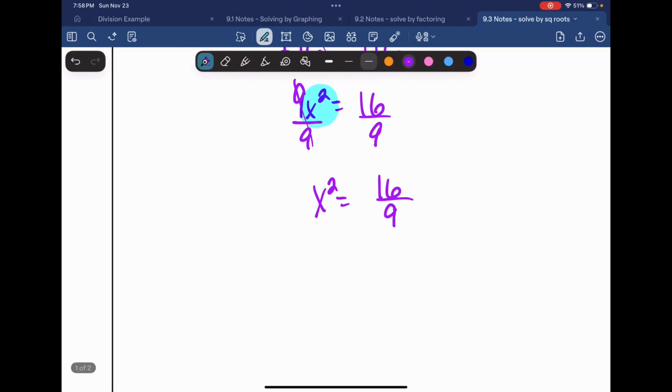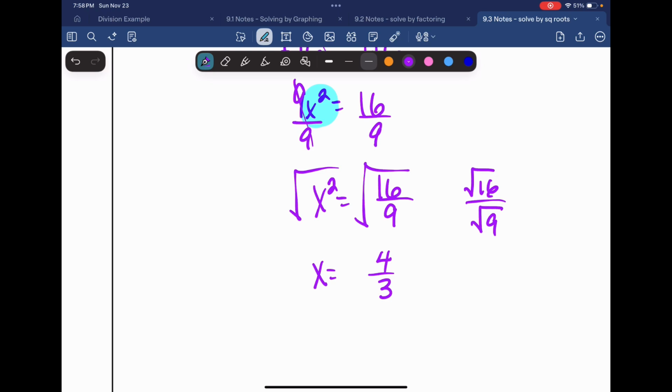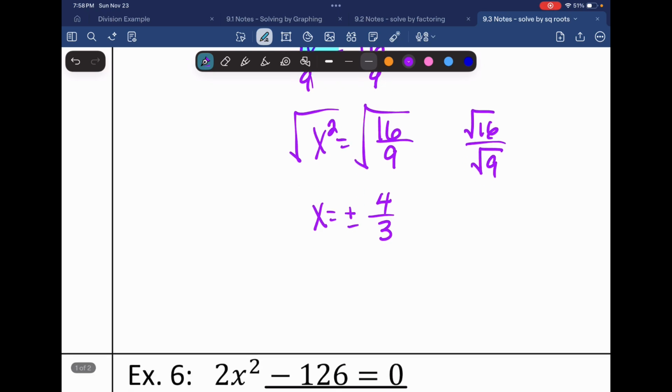Then you're going to square root both sides. So the square root of 16 over 9 is the same as saying the square root of 16 divided by the square root of 9. Well, the square root of 16 is 4, and the square root of 9 is 3. And don't forget your plus or minus, which means you have one solution that's positive 4/3 and one that's a negative 4/3.